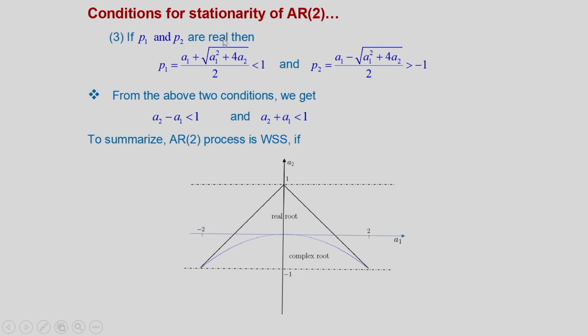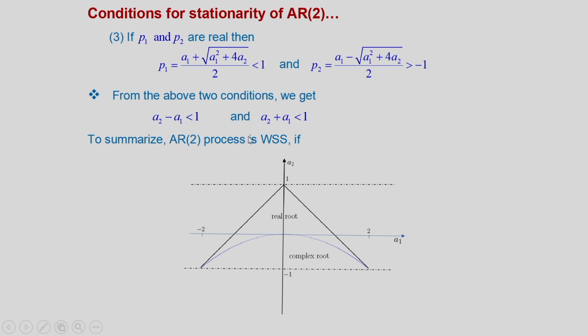These are both real, and from the stability conditions we get this. And from the above two conditions we will get that A2 minus A1 is less than 1 and A2 plus A1 is less than 1. Two conditions we get considering the real values of the poles.